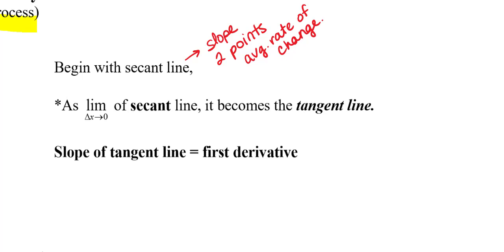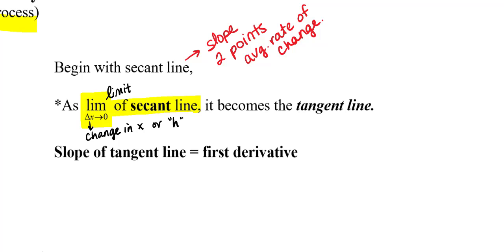And then as the limit, and I just want you to look at this notation right here, as the limit of your secant line, and then right below lim or limit, it says delta x approaches 0. And that means change in x, or the h that we called it, that horizontal distance that you're moving to the right.